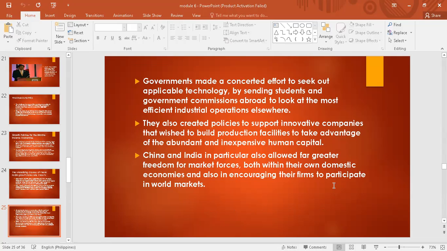They send students and government commission abroad para dun maka-earn ng knowledge and skills. And after that, pagbalik dun sa origin country, mas nagiging kapaki-pakinabang sila. As you observe, there are a lot of international students sa US, sa Canada. Meron din po dito sa Philippines, no?